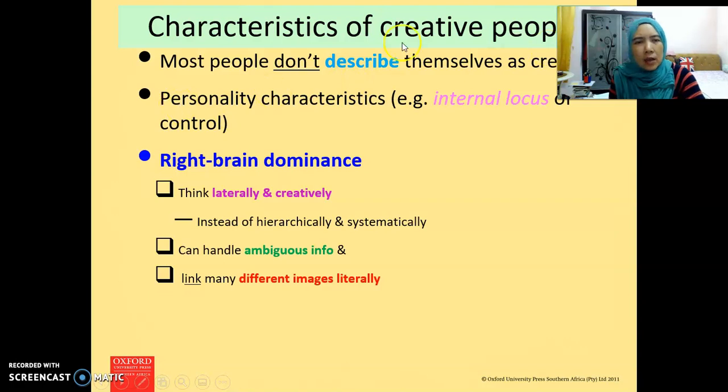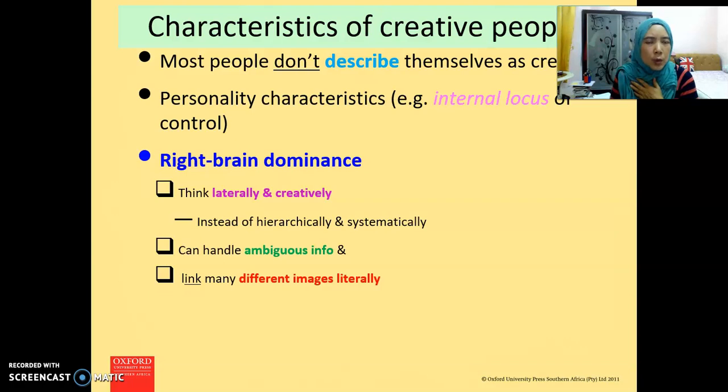So, characteristics of creative people: most people don't describe themselves as creative. Of course, creative people rarely describe themselves as creative. Normally, for personal characteristics, those who are creative belong to internal locus of control. Internal locus of control means they believe they have the ability to change themselves.